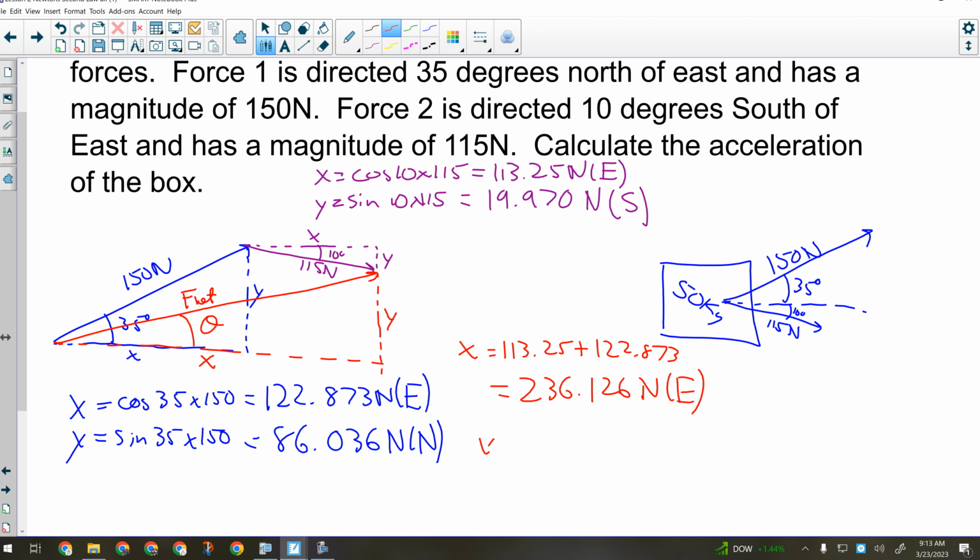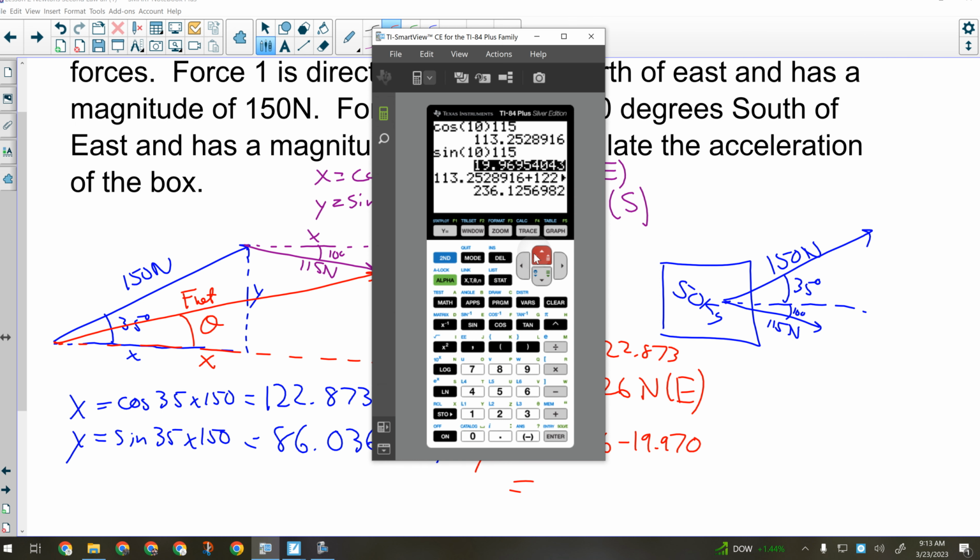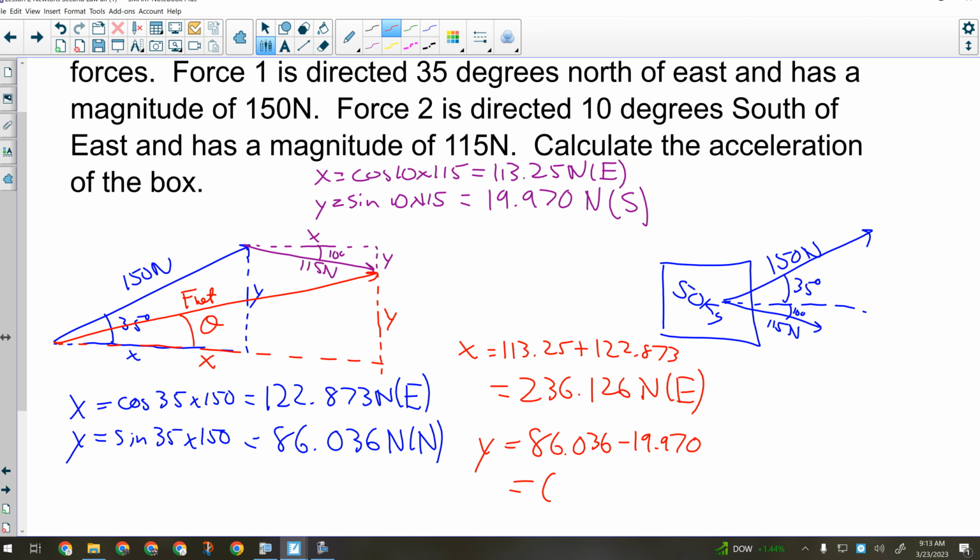And then for Y, we've got one that's north and one that's south, so these will have to be subtracted. We will have 86.036 minus 19.970. So we're looking at 66.067 newtons north.